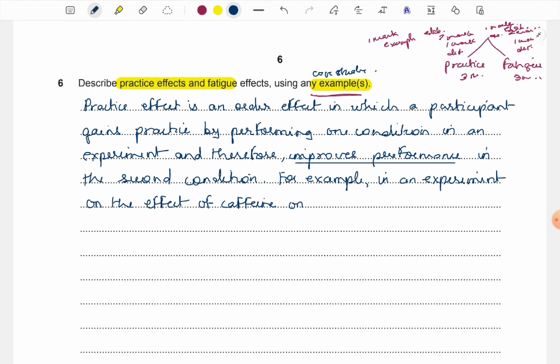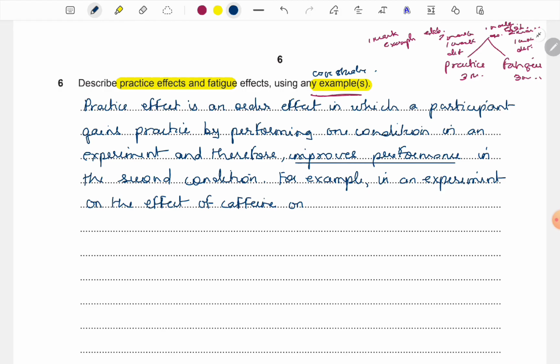Even in Android, the memory task is repeated measures. It's just that so much clarity is not there on practice and fatigue effects. It's more focused on counterbalancing because they've maintained counterbalancing well in those studies. So I'm not taking that. I'm taking a general example because it will illustrate my point better. But if the question was on counterbalancing, I would have taken an example from Android. So here I'm taking the general example, which is from the textbook for research methods.